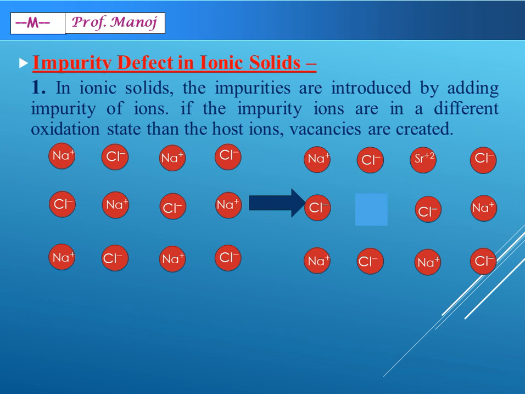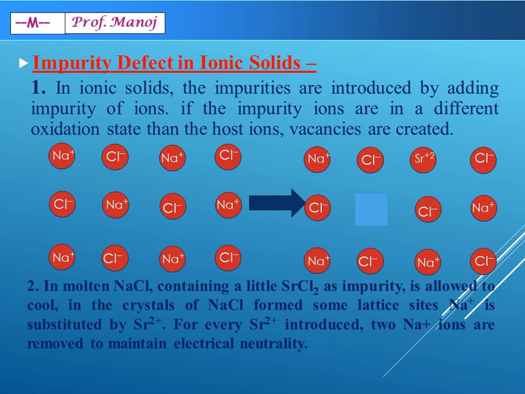Now imagine why this happens. Sodium has a charge of +1. Strontium has a charge of +2. So when one sodium is replaced with Sr2+, that means +1 charge is replaced with +2. So to balance the positive charge, another vacancy is created.